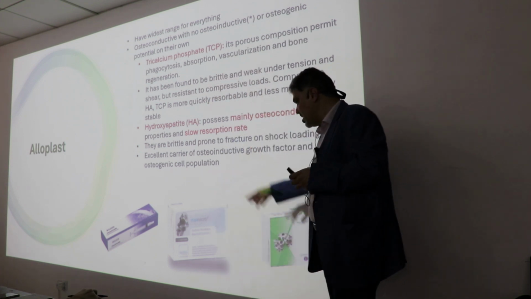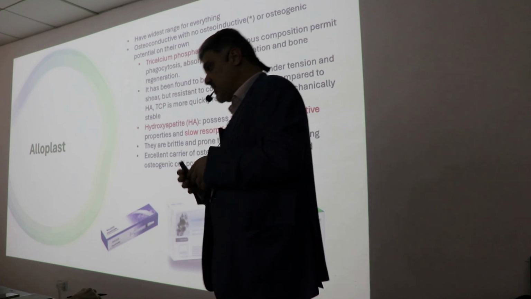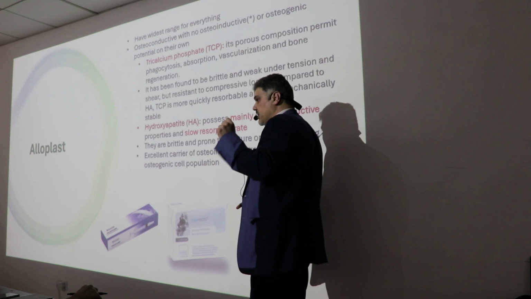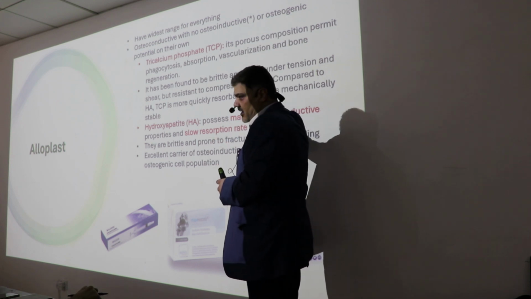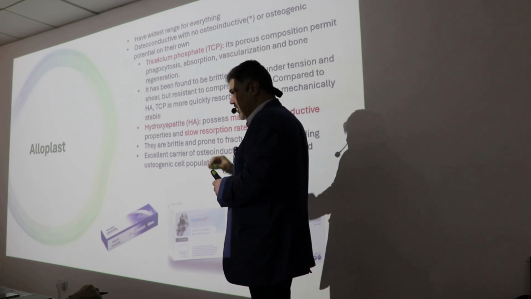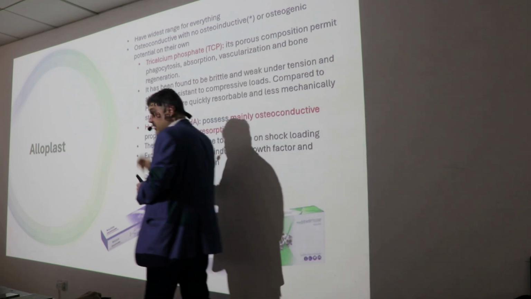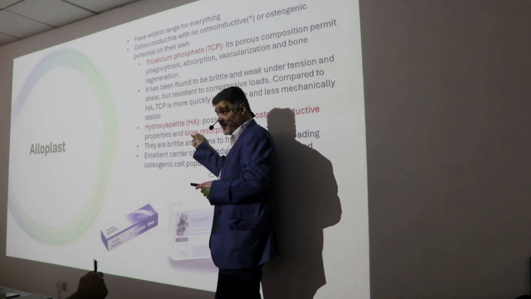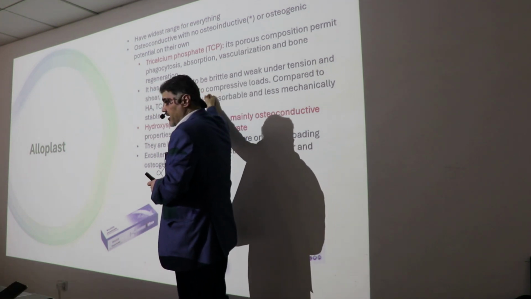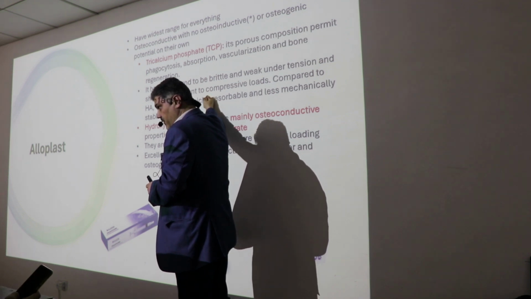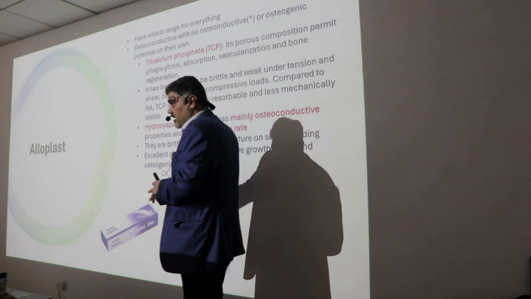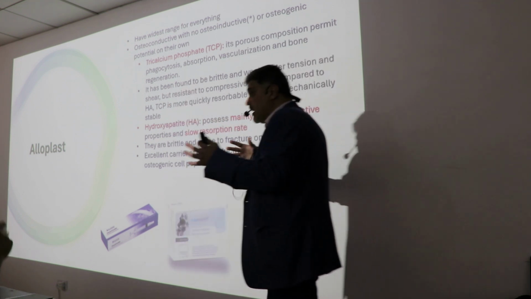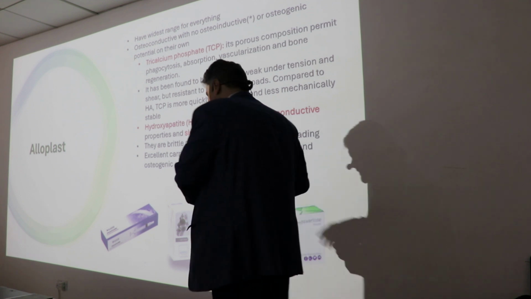For example, Max Resorb consists of 60% HA and 40% tricalcium phosphate. Same thing with Easy Graft Crystal, which consists of 60% hydroxyapatite and 40% tricalcium phosphate. While Easy Graft Classic and Power Bone are mainly TCP, tricalcium phosphate.